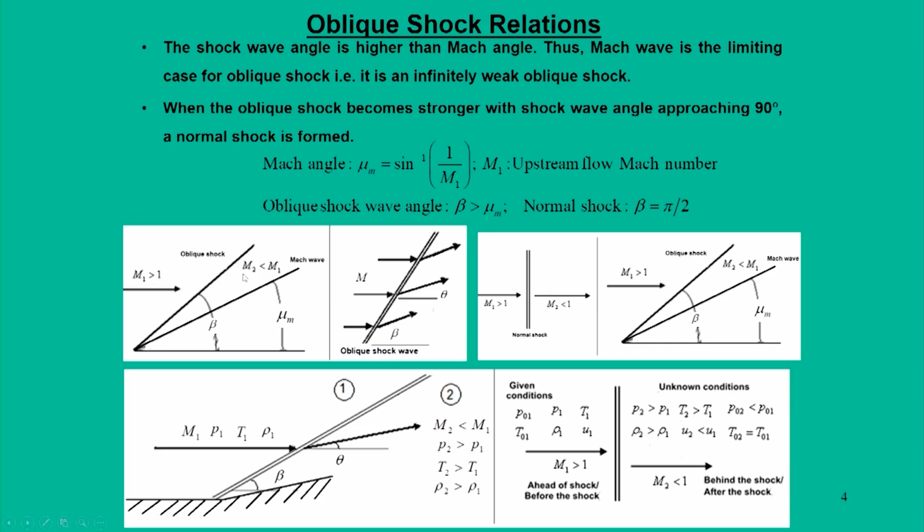For the oblique shock, the Mach number M2 after the shock is lower than M1, the upstream Mach number. For an oblique shock wave, angle beta is always greater than mu, and for a normal shock, beta is equal to pi by 2, 90 degrees.